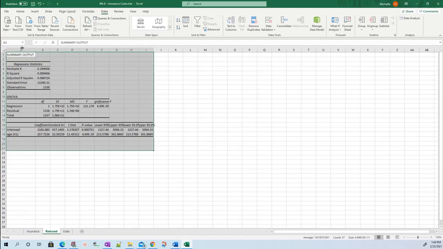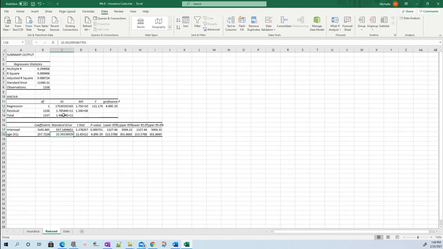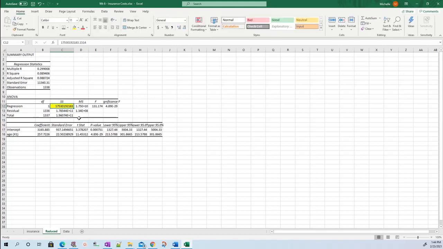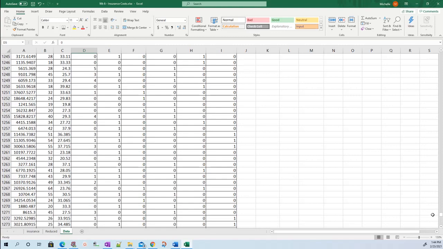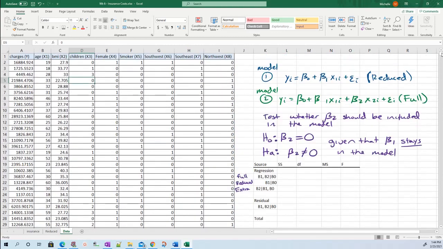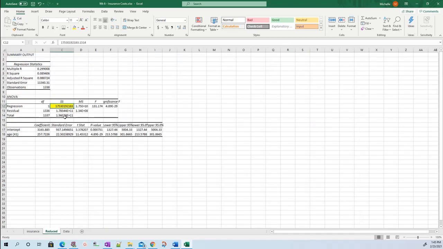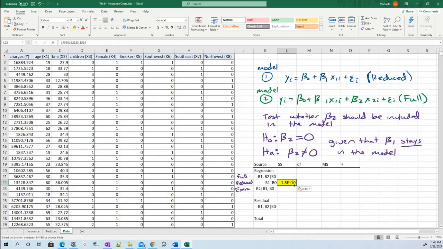This sum of squares regression, let me highlight it. This is the sum of squares regression for the reduced model. When I'm trying to fill out this table, the sum of squares regression for the reduced model, this model that only has X1, is going to equal that. Let me press Control C to copy it, Control V, and paste it there.